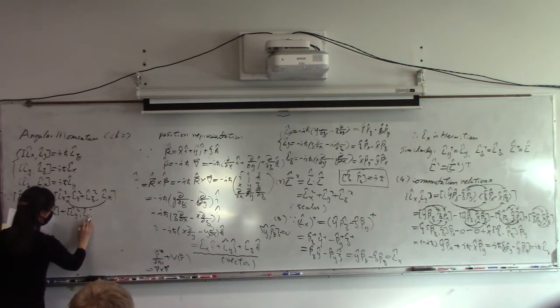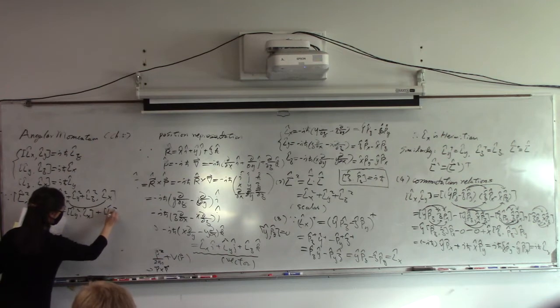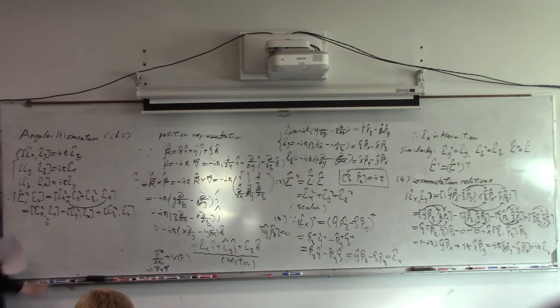So this one is 0 because Lx commutes with itself. Then let's go to this one. This one is Ly squared.